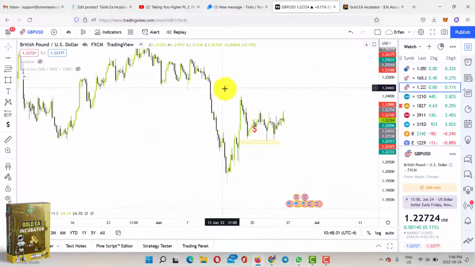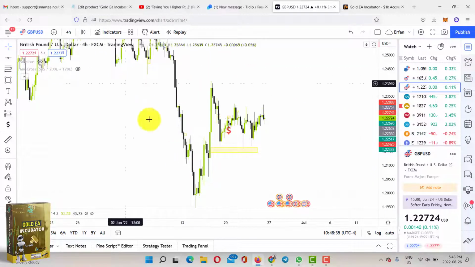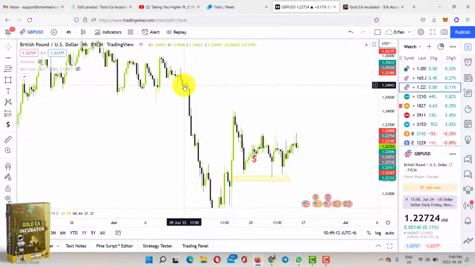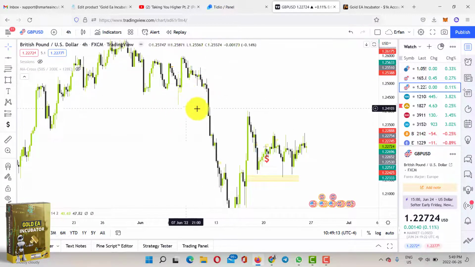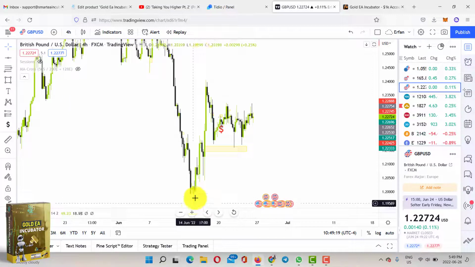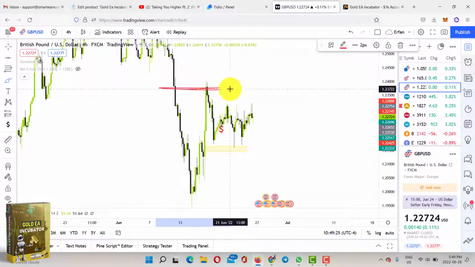But GBPUSD is kind of the same as EURUSD. As you can see, this huge drop happened right here. So again, we had this huge drop that happened from June 9th, exactly the same as EURUSD, and then we experienced so many breakout structures towards the downside, this one and this one. And then after that, as you can see, it tried to recover all these leftovers that I call gaps, and then it filled in all these gaps.